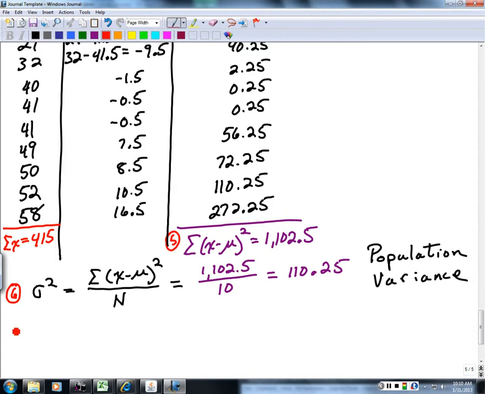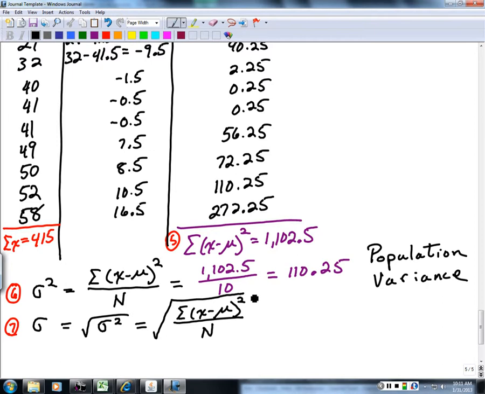My last step is to find the standard deviation, which is simply sigma, which is the square root of sigma squared, which is the square root of the sum of the squares divided by big N. Now, do I have to rewrite everything? No. All I got to do is say, look, this is the square root of 110.25.